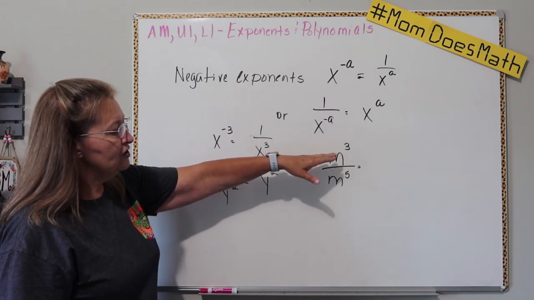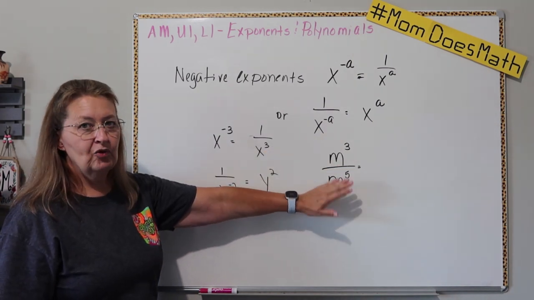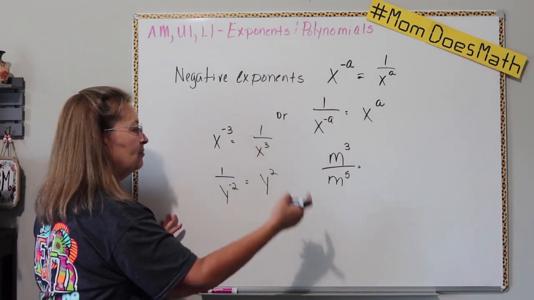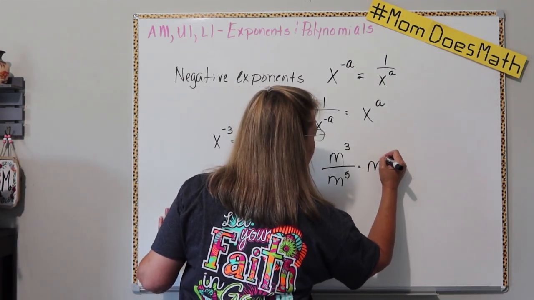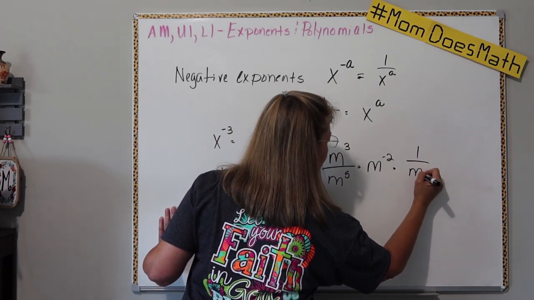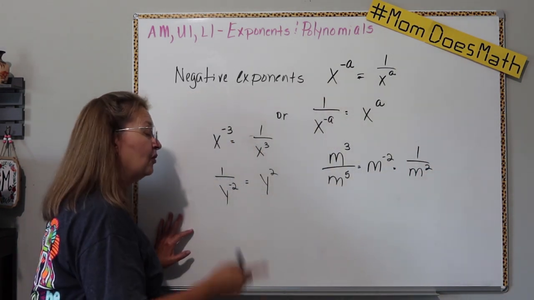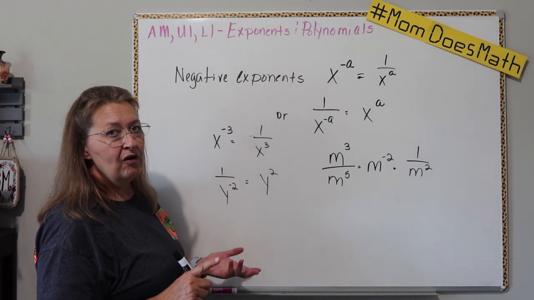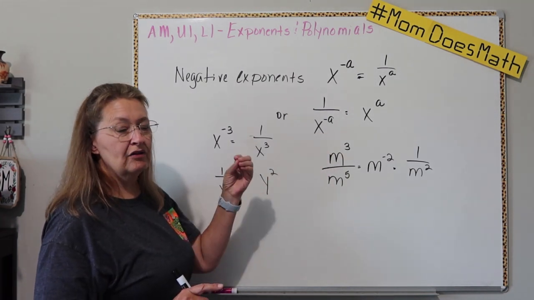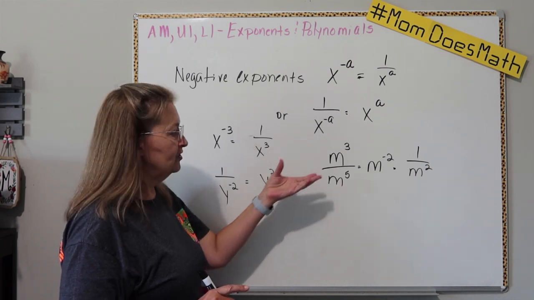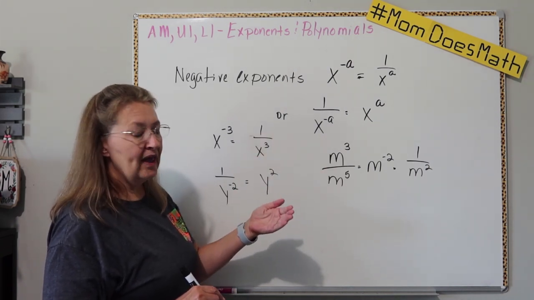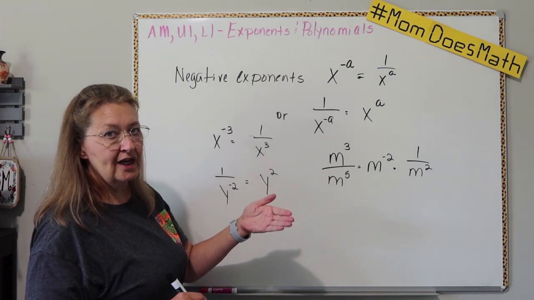If you always do top exponent minus bottom one, what are you going to get here? 3 minus 5 is m to the negative 2, which you would then convert to m to the positive 2. Or, what I always do when I have a fraction like this, I just always subtract the small number from the large one, and then I put it in the same place as the largest exponent.